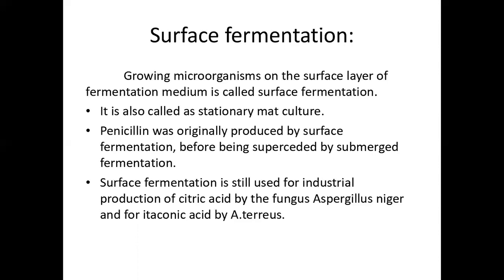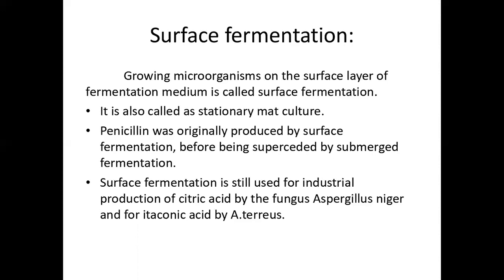In citric acid production, if you look it up, we can see that Aspergillus niger will be grown on the top of the liquid media in the form of a mat. This fungus will grow in the form of a mat on the surface of the liquid.